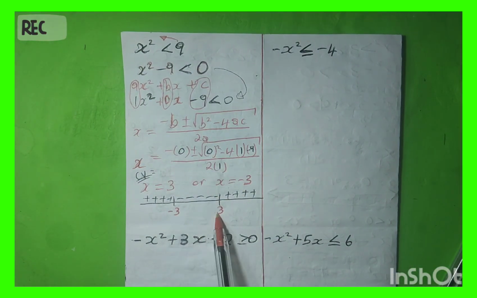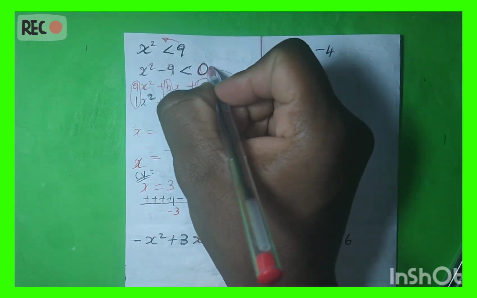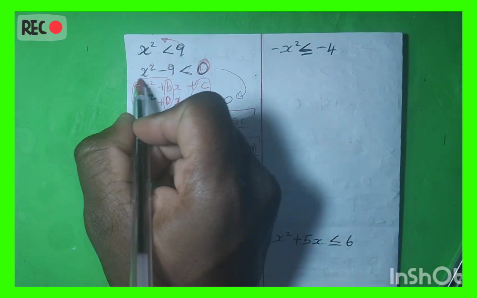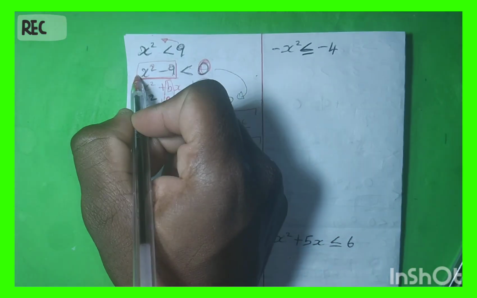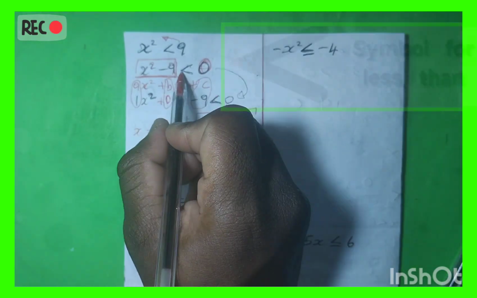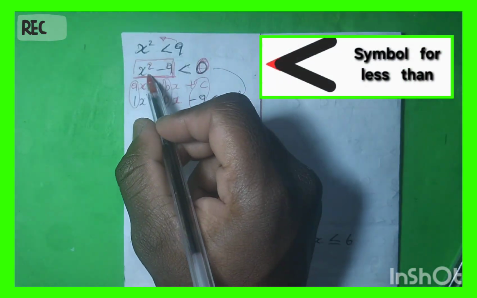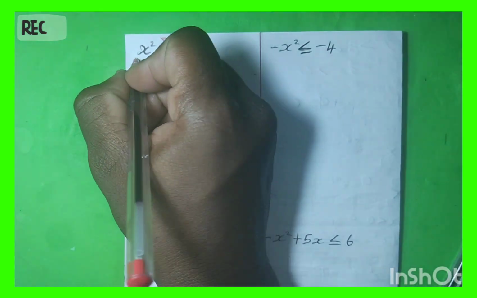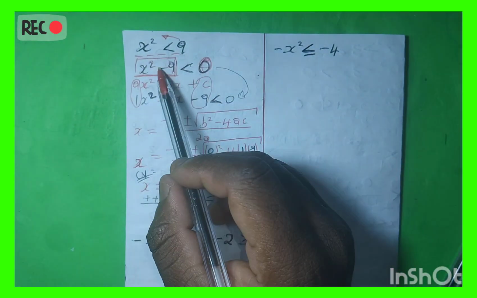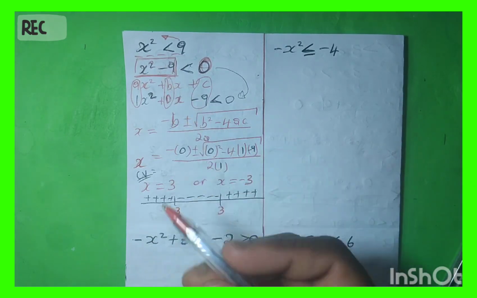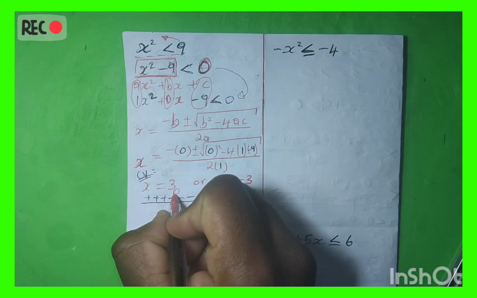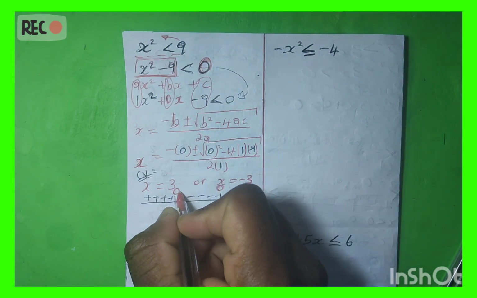To identify my final answer, I go where 0 represents the equation. The equation is less than 0, which means it is negative, starting from here until there.